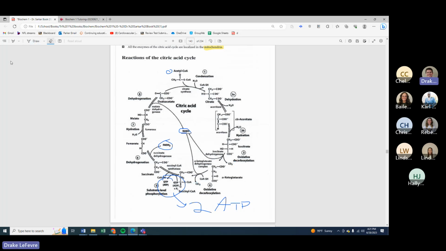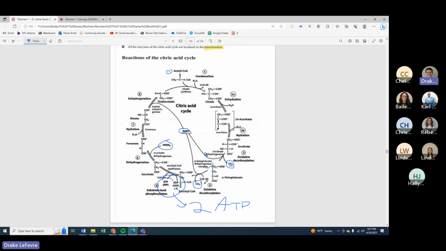It's good to try and draw correlations between this. So if we look at all of our different enzymes and our different reactions, we have these dehydrogenase enzymes, specifically the isocitrate dehydrogenase and the alpha ketoglutarate dehydrogenase complex.